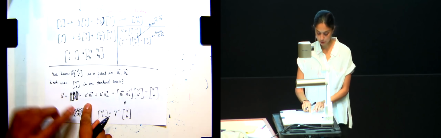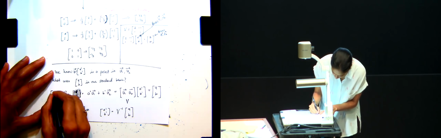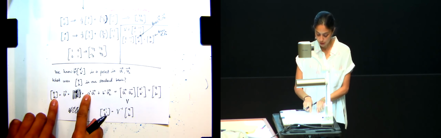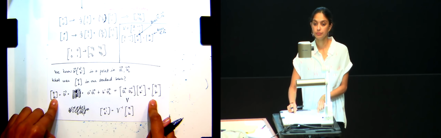This V is equal to A prime times V1 plus B prime times V2. But this V is also AB in our standard basis. So now all I'm saying is that this can be written as this matrix equation. Is that clear?